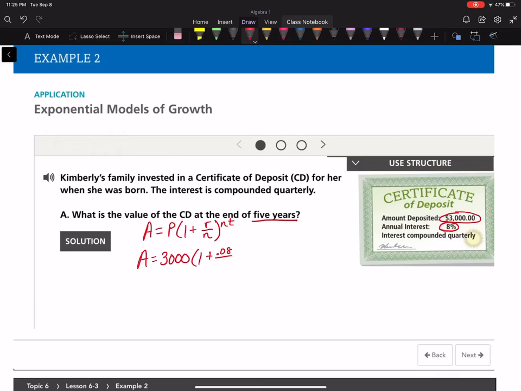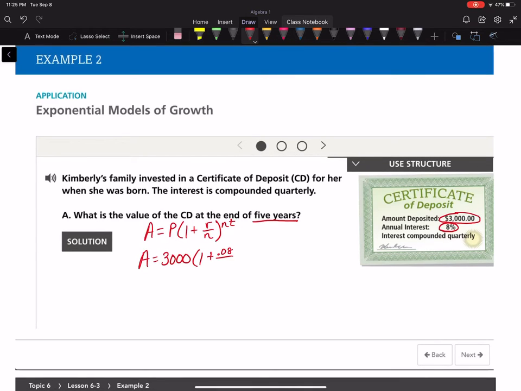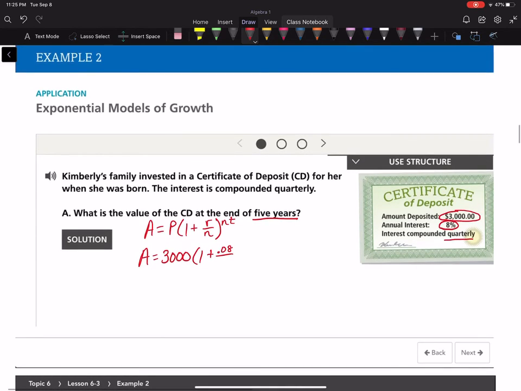It's over 5 years, but it's being compounded quarterly. So N is the number of times you're compounding it. Quarterly would mean 4 times every year.